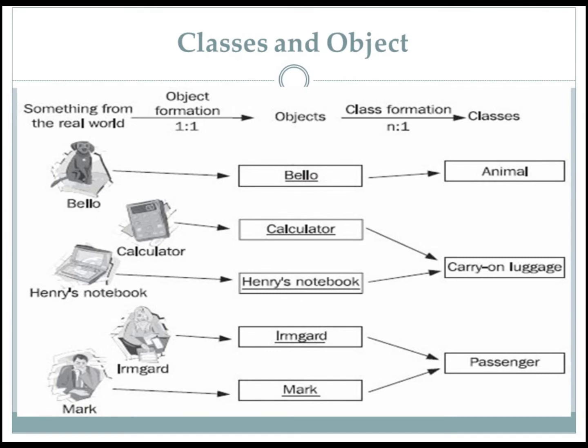Other real world entities are Imgard and Mark, which are identified in the form of the class passenger. I hope this picture will clear your concept regarding identifying classes and objects.